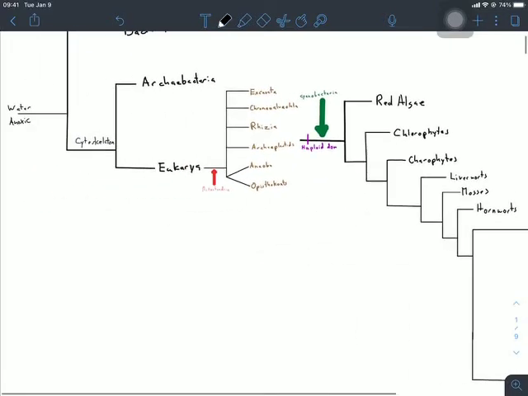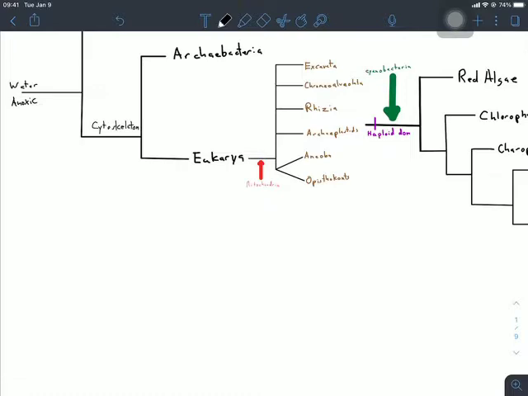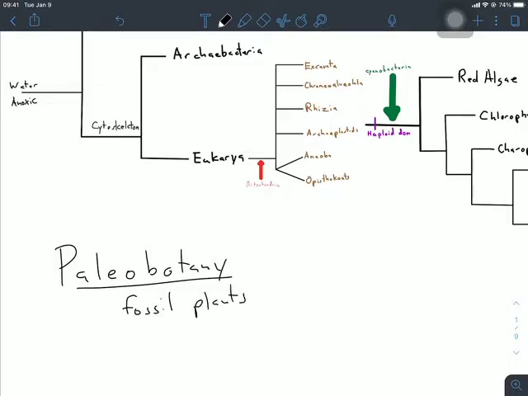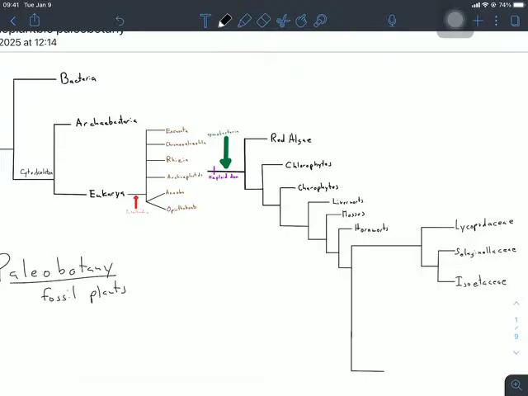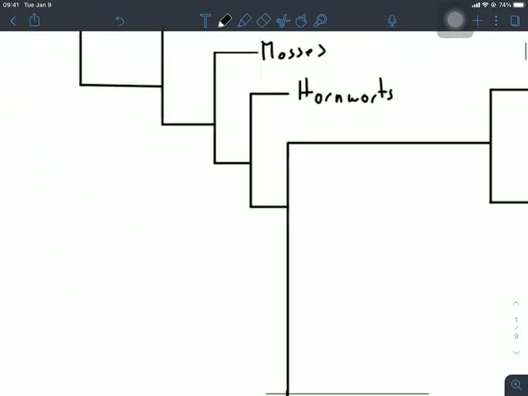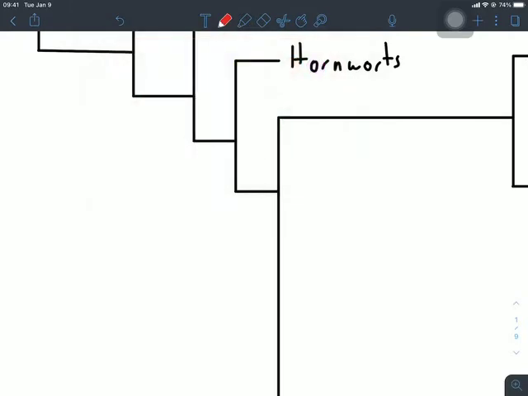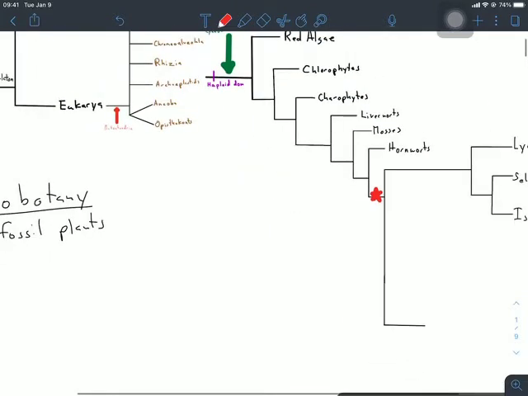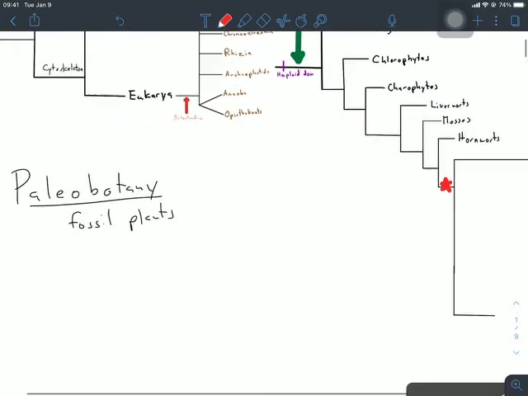And so in order to talk about vascular plants and the evolution of them, we need to take a closer look at the field of paleobotany, the study of fossil plants, because it is within these fossilized plants that we get a picture of all of the evolutionary changes that occur in that transition to vascular plants.